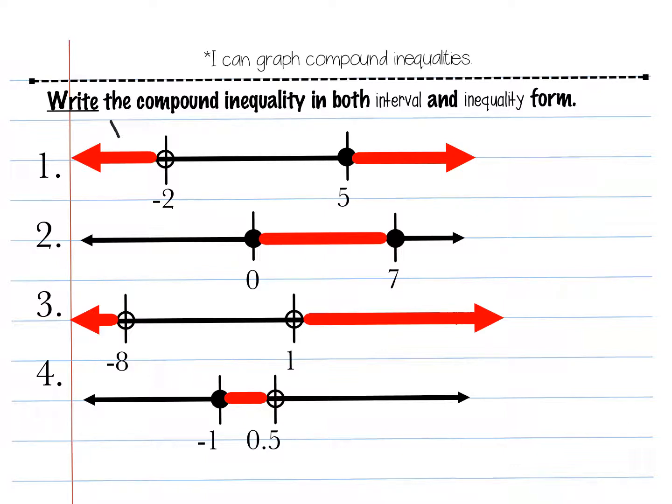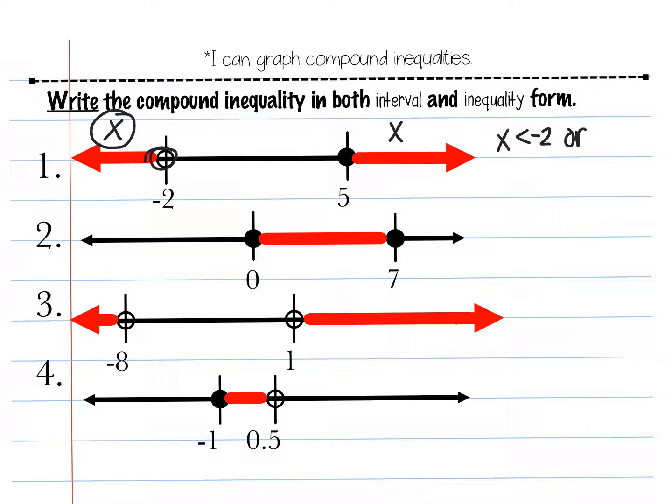I always like to put my x above where the solution is because that's what it's representing. When I graph that, it's representing here are all the solutions. So I see that we're talking about x's that are less than -2, and I did not put or equal to because that is an open circle. And because it's going in two directions, this is an or.